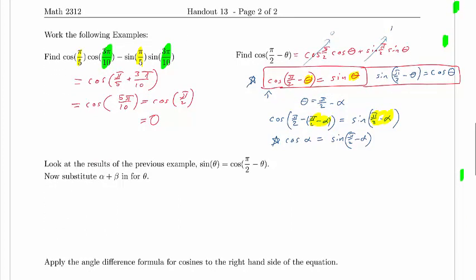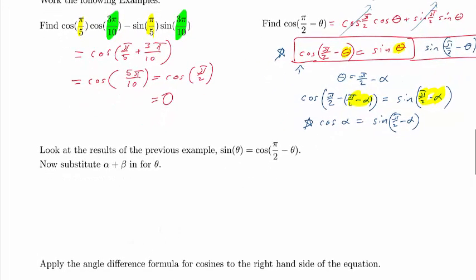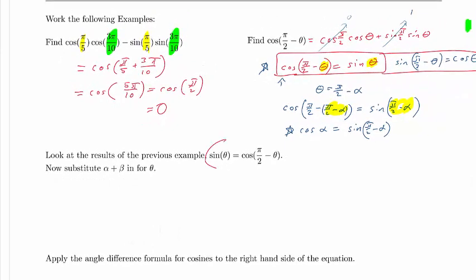Okay. So let's come down here and look at what we have. We want to look at the results of right there. Sine theta equals cosine pi over 2 minus theta. And we're going to make a substitution. We're going to substitute alpha plus beta in for our theta.